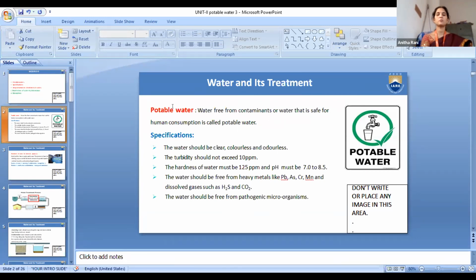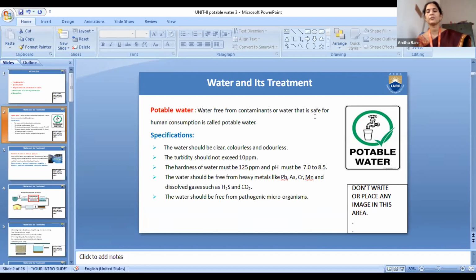So what does potable water mean? Water that is free from contaminants, or water that is safe for human consumption, is called potable water. Water free from contaminants means no suspended particles, no colloidal particles, and no pathogenic bacteria should be in the water. Understood, ma'am? Students, what is potable water?